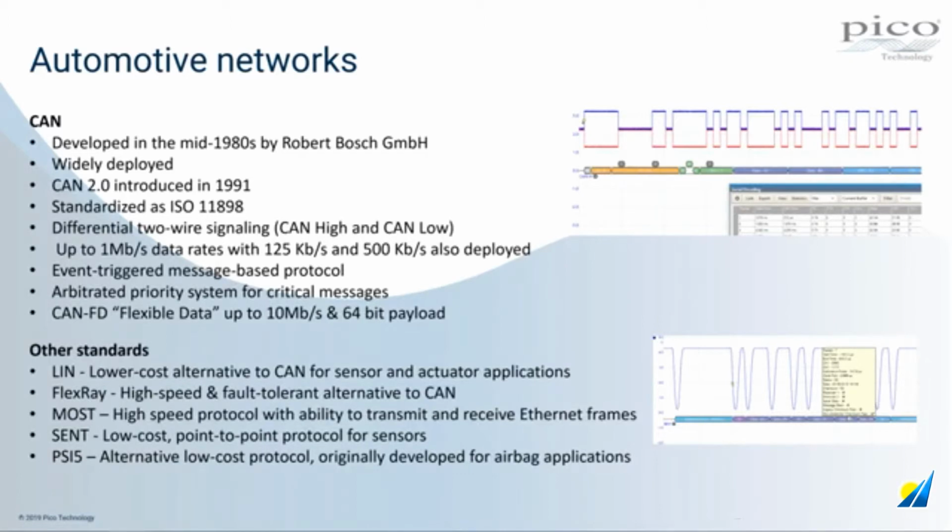The waveform that we're seeing on the screen here is a CENT bus waveform. CENT is single-ended nibble transmission. It transmits 4 bits of information with each edge, and it is used extensively in sensors to do with engine management and position control.